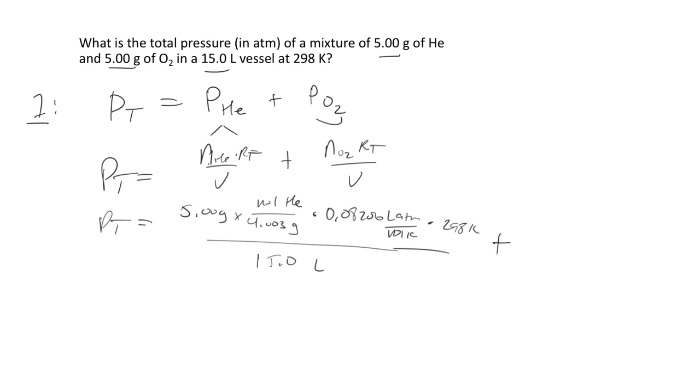If you were thinking we could have done some factoring here, we probably could have been smarter with our math and not have to do the exact same math over here. But it's easy enough to also say, well, for O2, it's 5 grams of O2, 32 grams per mole for O2. And then times RT, the same R and the same temperature, but I'll just write RT and then divide by 15 liters.